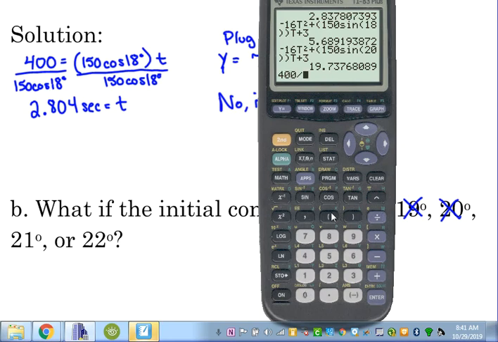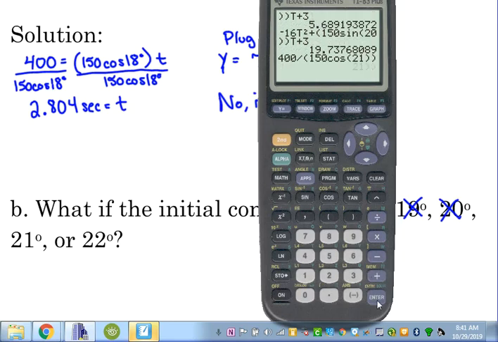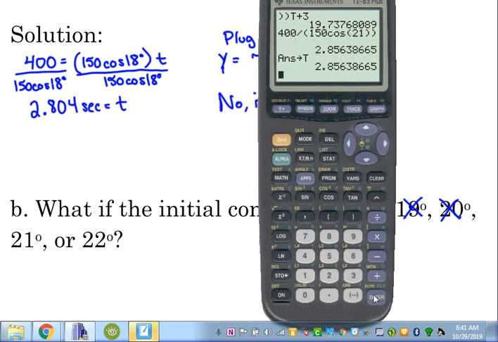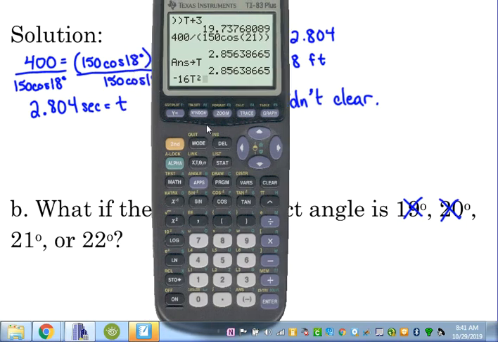All right. Let's change it in both equations this time. So 21 degrees, we're at 2.856 seconds. So we got to plug that in correctly.